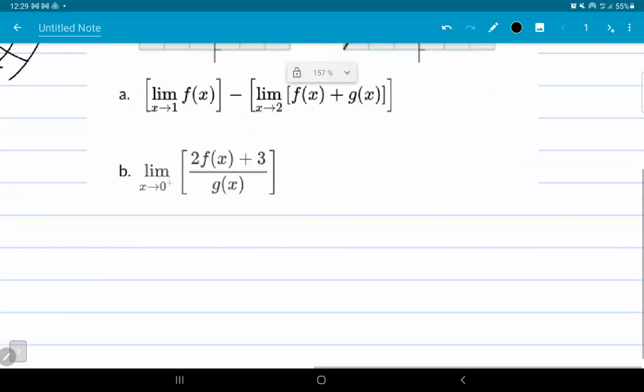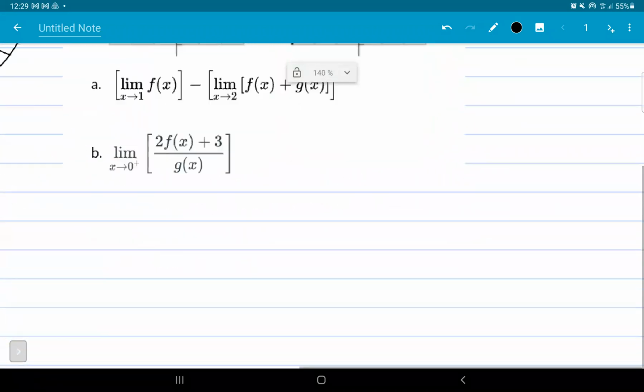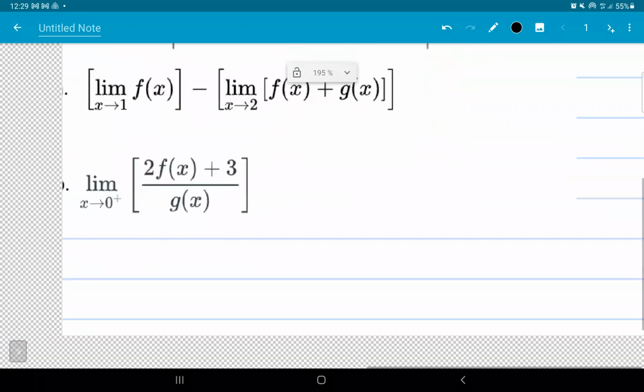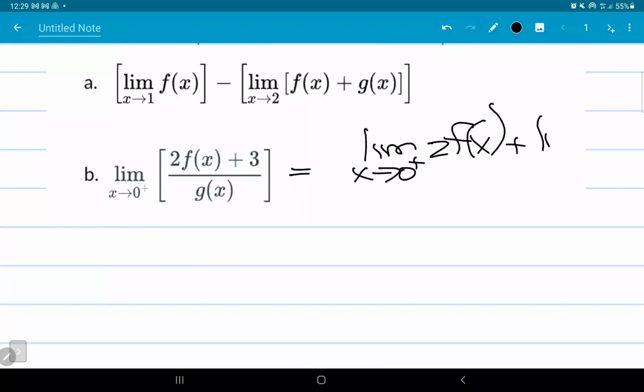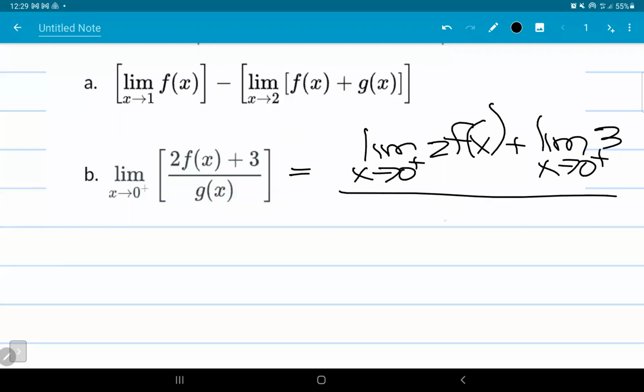Then for this one, same thing, except that for letter B you first have to apply the rules of limits. So that becomes the limit, you have to show this, of 2 f of x, then plus the limit of 3, x approaches 0 from the right, over the limit of g of x as x approaches 0 from the right.